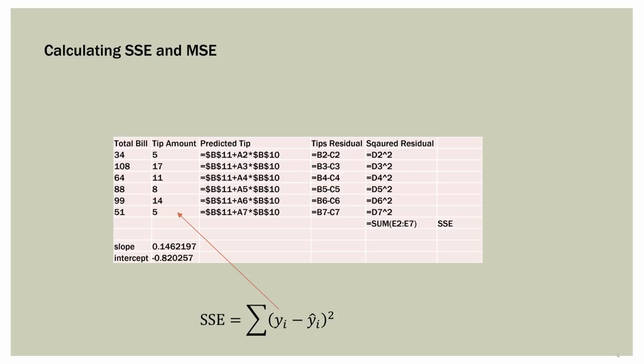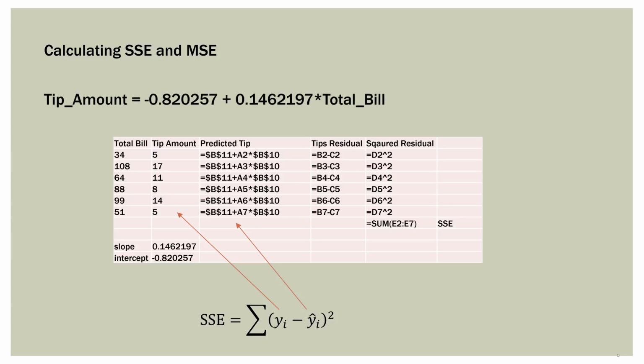Here's our y sub i, that's our tip amount. Our y hat sub i comes from our regression equation. All we did was take our regression equation and substitute the bill amount into it, and it spits out a predicted tip.